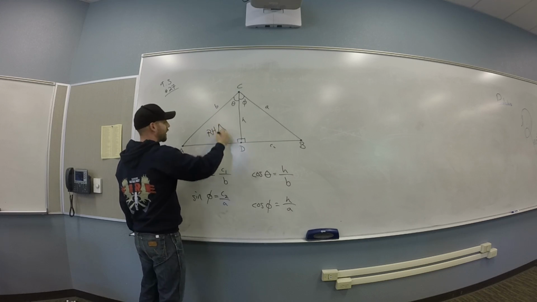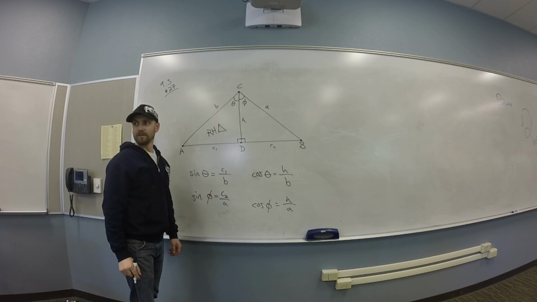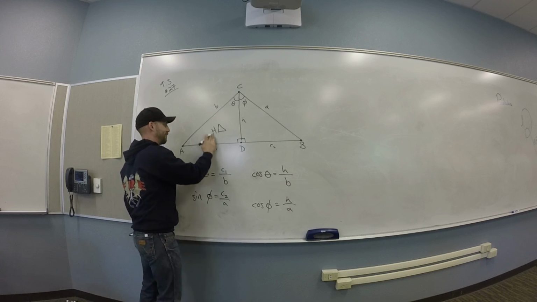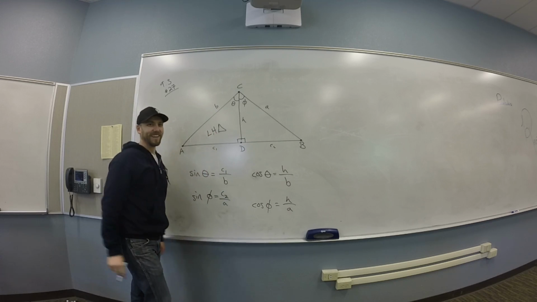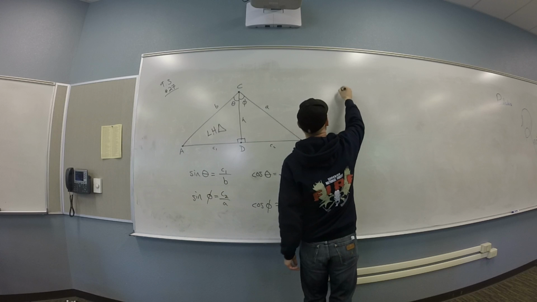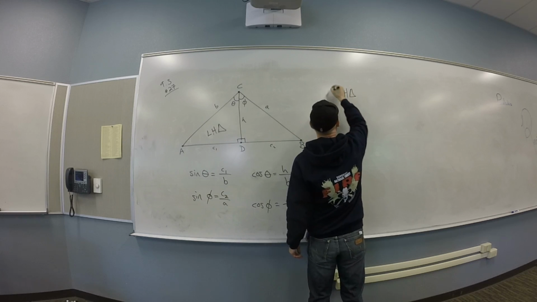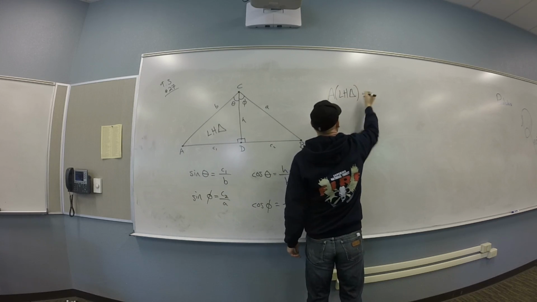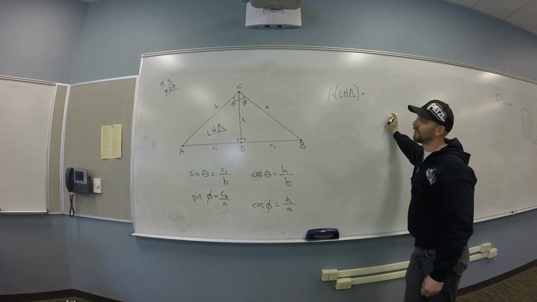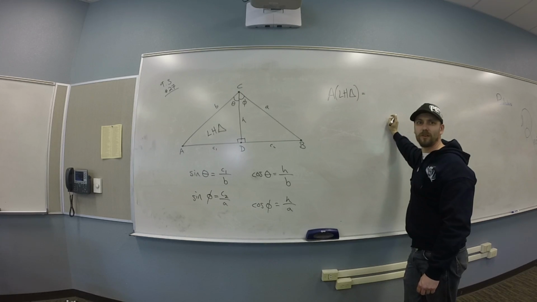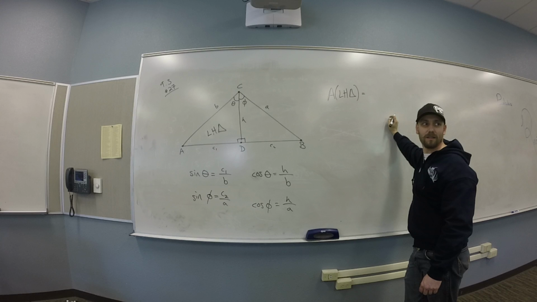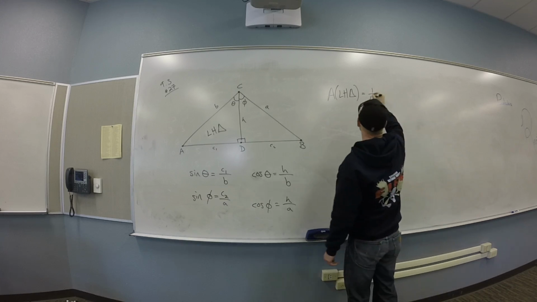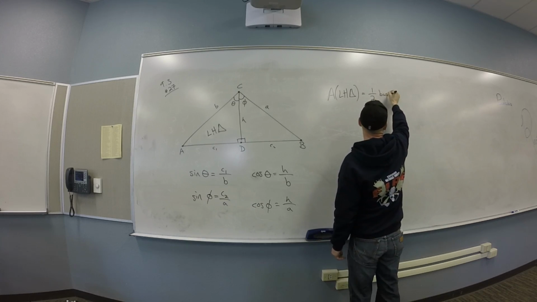So I'm going to call this the right-hand triangle and that the left-hand triangle. So the left-hand triangle's area, for triangles you usually do a half base times height.